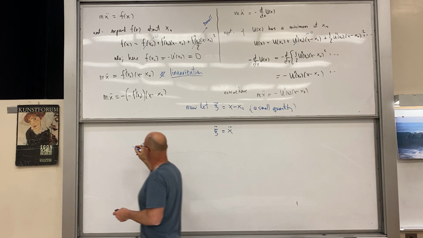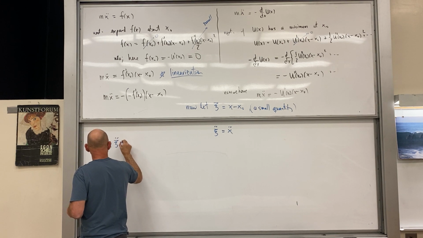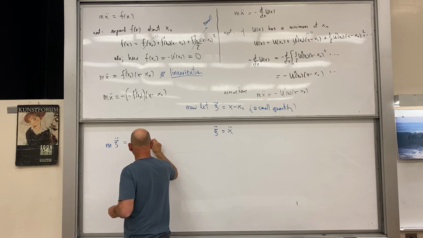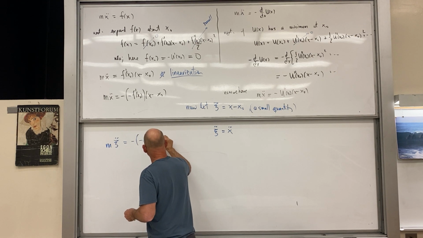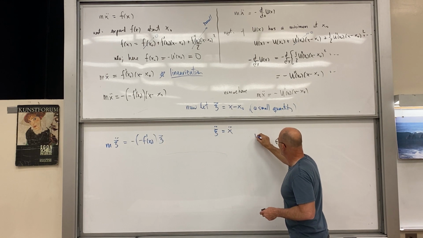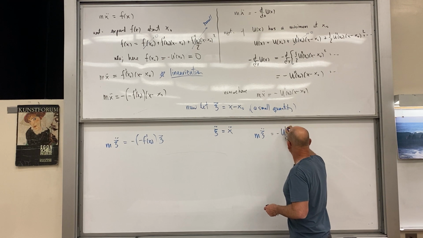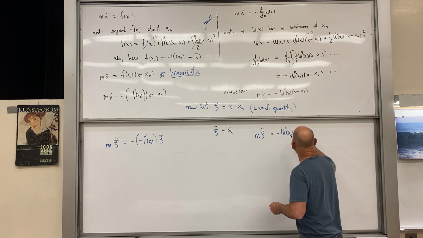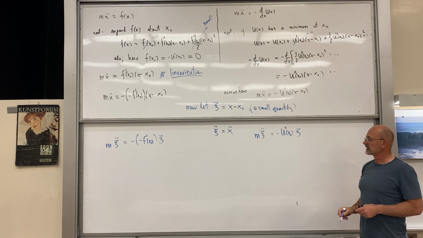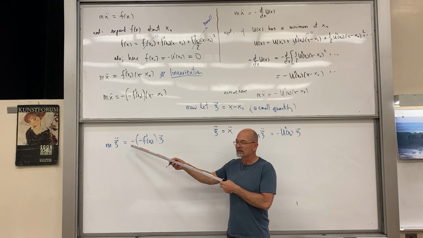And over here we have m c second derivative, x0. And over here we have minus u double prime of x0 times c. Okay. Now, it's kind of awkward to have a minus of a minus, but it's important to make that point there.